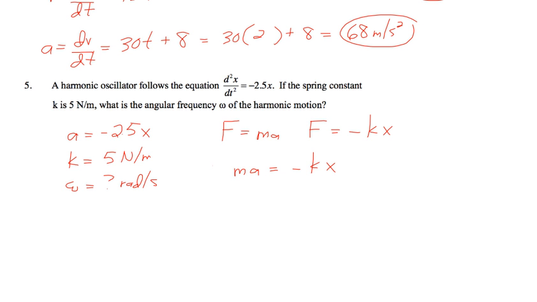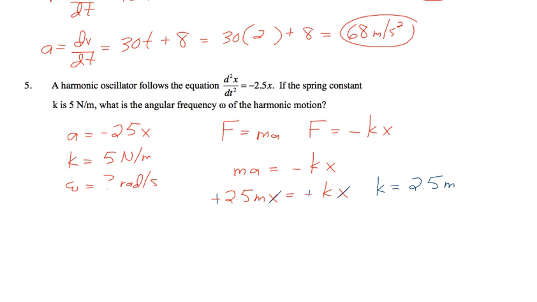I like to have my number first, so it's going to be minus 2.5mx equals minus kx. You can see that the minuses are going to cancel out, and the x's are going to cancel out, and now I have something solved for k. I have k equals 2.5m. So 2.5 times the mass is going to equal k.